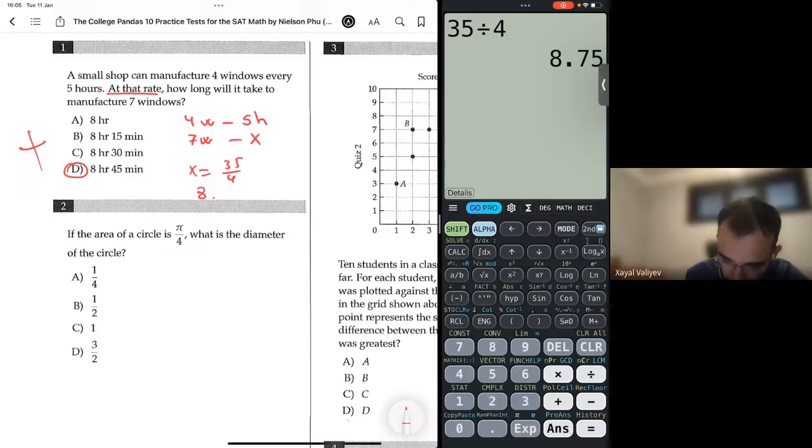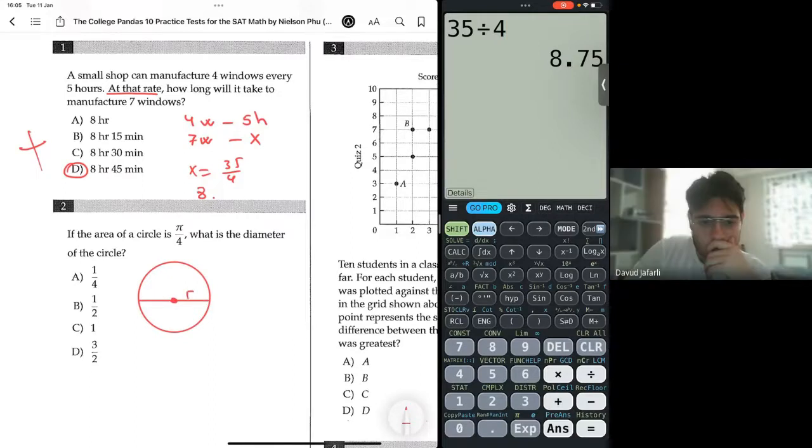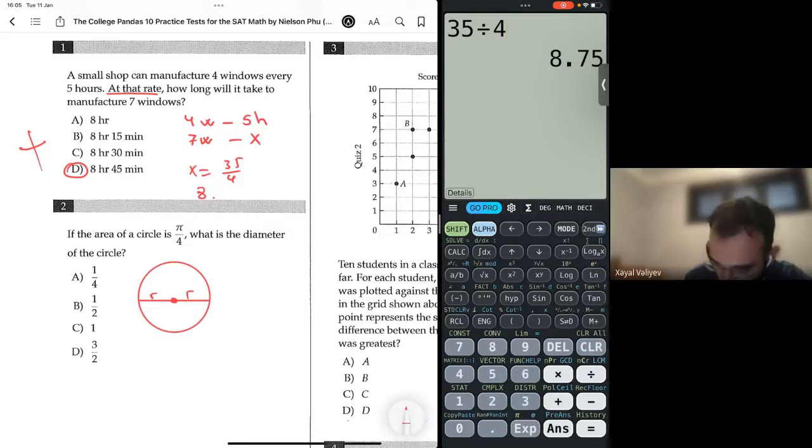Next one. If the area of the circle is this, what is the diameter of the circle? That is the circle, that is the diameter. We are looking for the diameter.